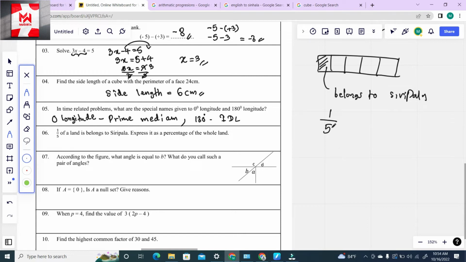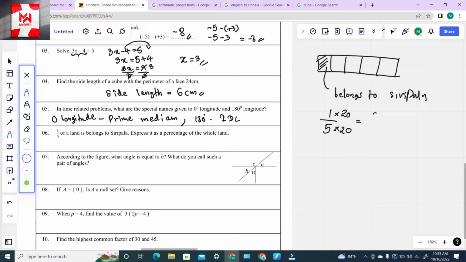The percentage is when the denominator is 100, and whatever the numerator is, that is the percentage. So to convert the denominator to 100, we have to multiply by 20. We can multiply the denominator and the numerator by the same number. Therefore if I multiply the denominator by 20, I have to multiply the numerator also by 20.